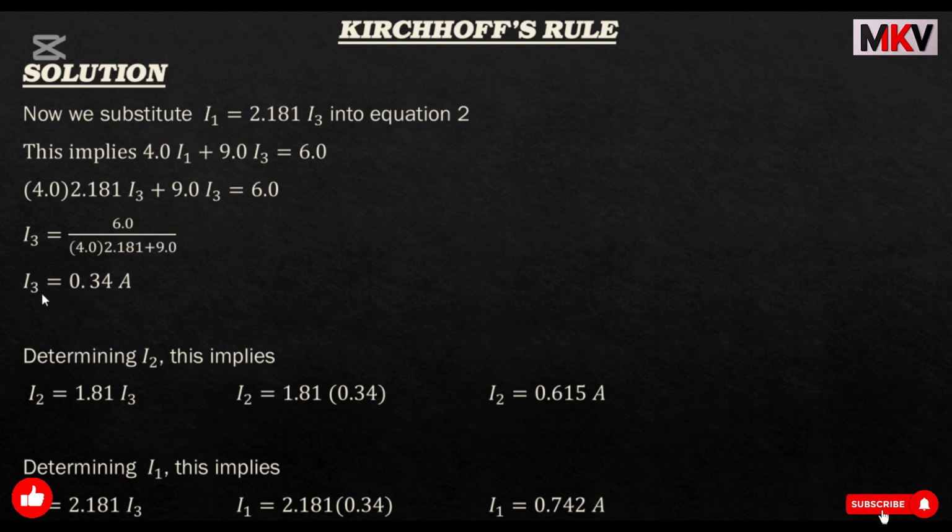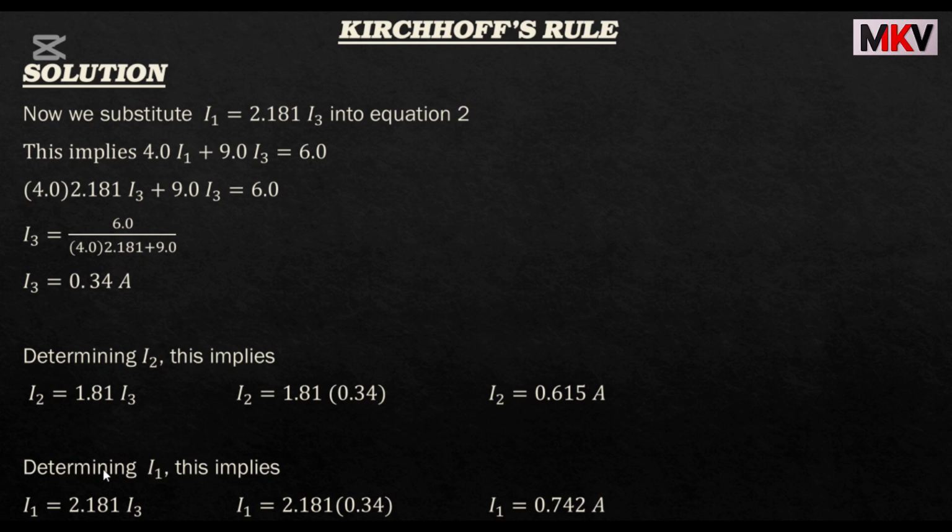After that, we can find our I2. We know I2 is equal to 1.81 times I3. So we substitute I3 into the equation, and I2 is equal to 0.615 ampere.